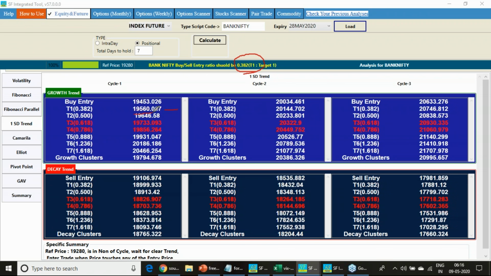So 19,560 above, all chances of 20,466, and 19,000 below, all chances of 18,094. This is the coming week's weekly trend, and if it successfully penetrates the first cycle, it can go to the second cycle. So these are all the concepts you have learned.